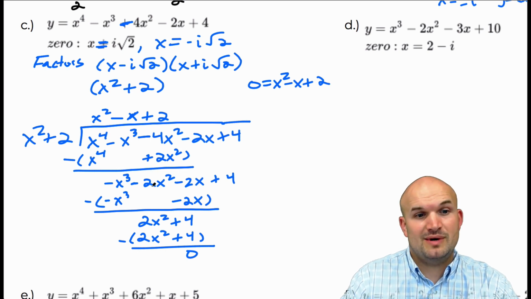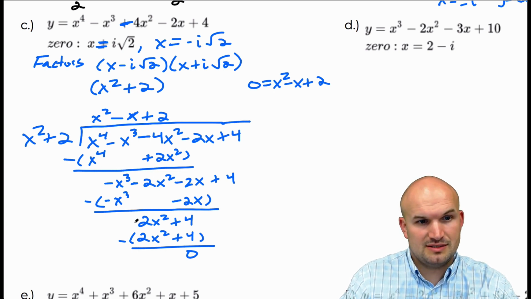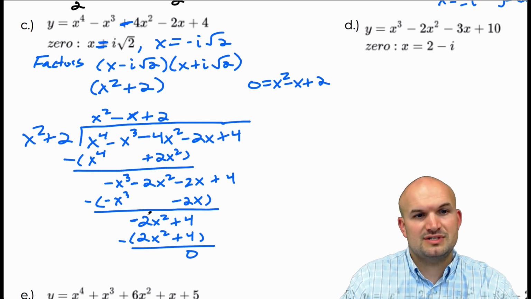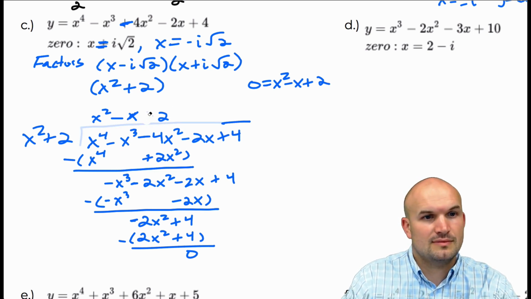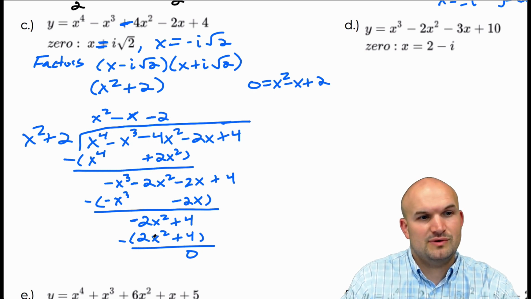So that becomes negative 2x, bring down the negative 2x. So x squared goes into a negative 2x, negative 2 times. Negative 2 times x squared is a negative 2x squared. Negative 2 times 2 becomes a negative 4.